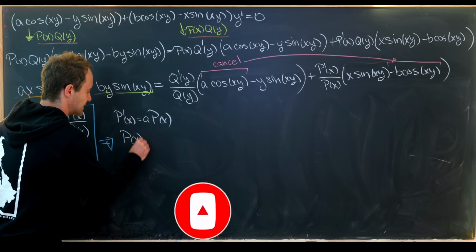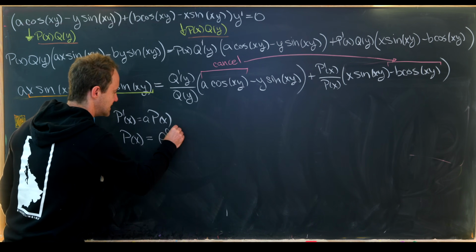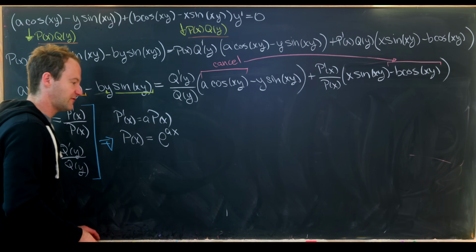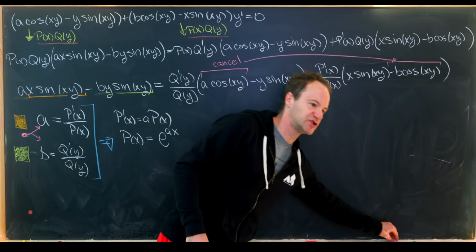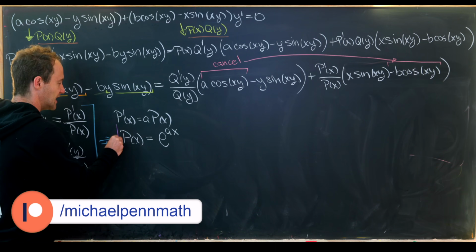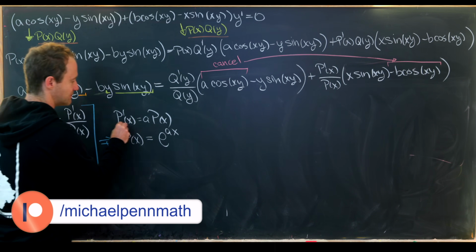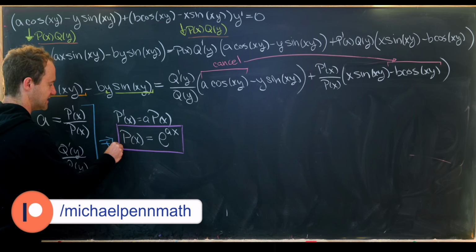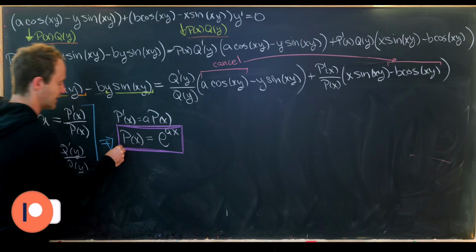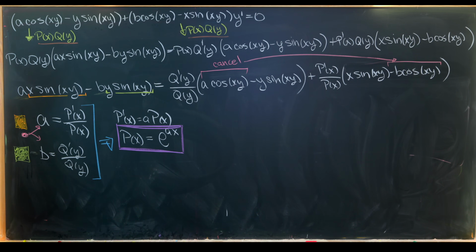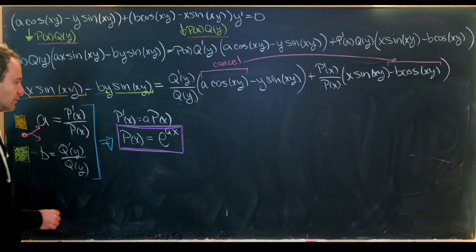We get p of x equals a constant times e to the ax. But in fact, here we can take that constant just to be the number 1 because we're multiplying an entire equation by this, and multiplying by a constant doesn't really change anything. Okay, so there we've got our value for p of x. Now let's see what we can get for q of y.